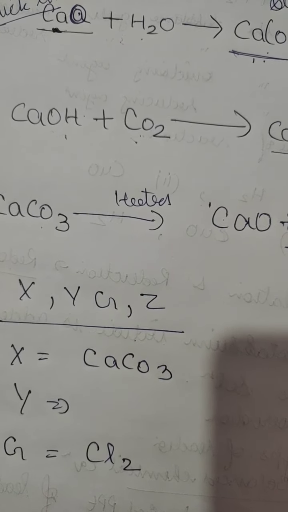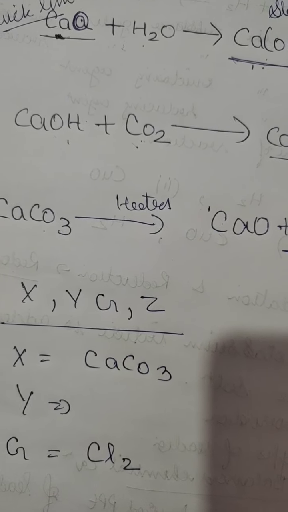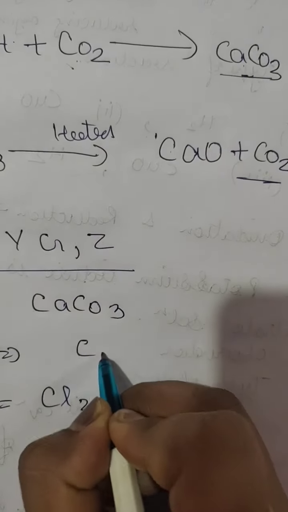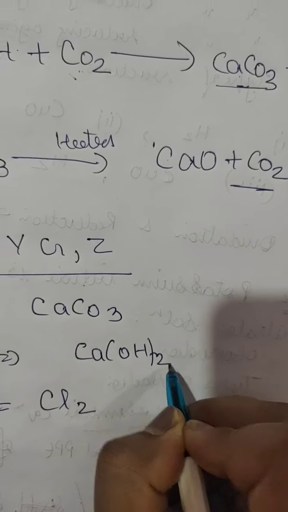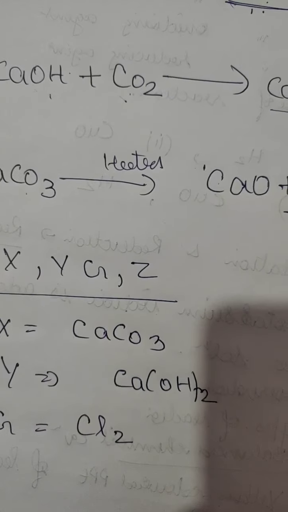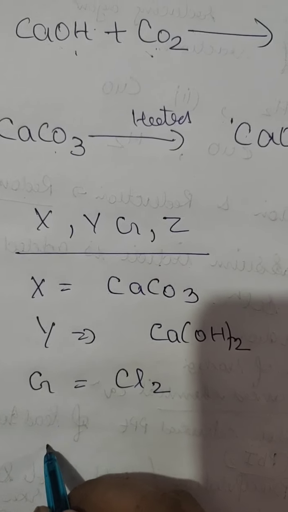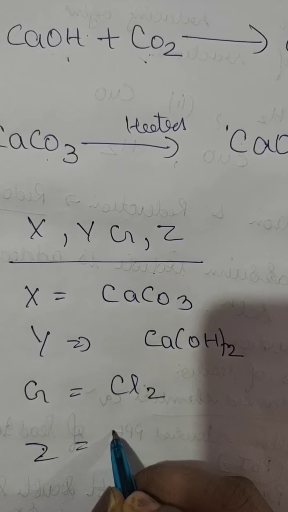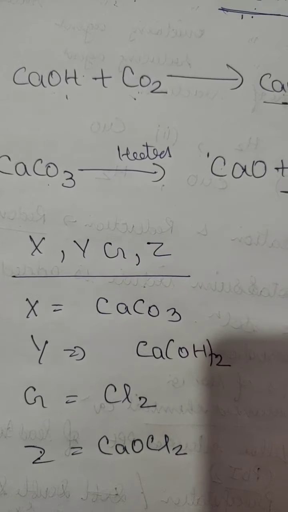Whenever we pass this chlorine gas on Y, we get compound Z. Whenever we pass chlorine gas on calcium hydroxide, we get a compound Z, which is used as a disinfectant. So our Z will be bleaching powder, which is CaOCl2.